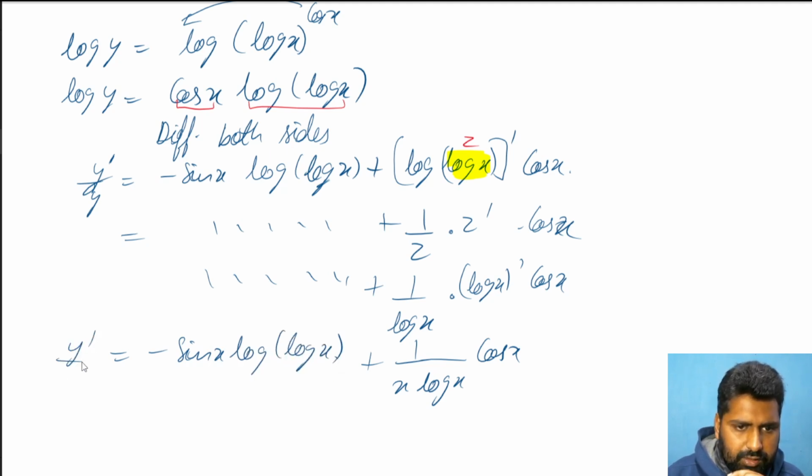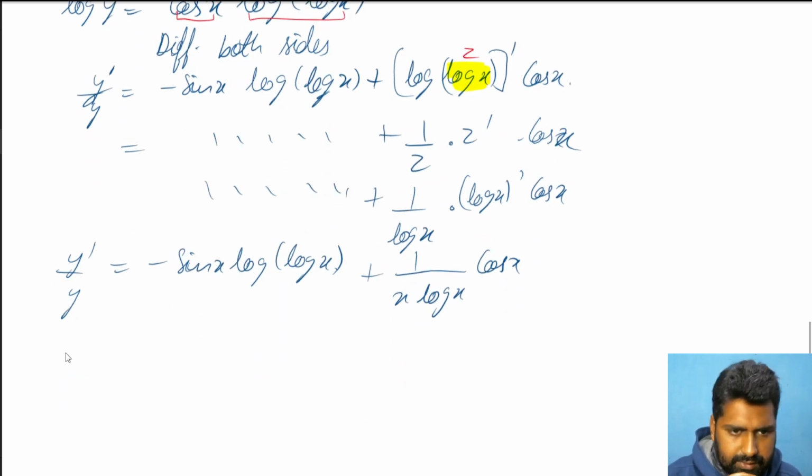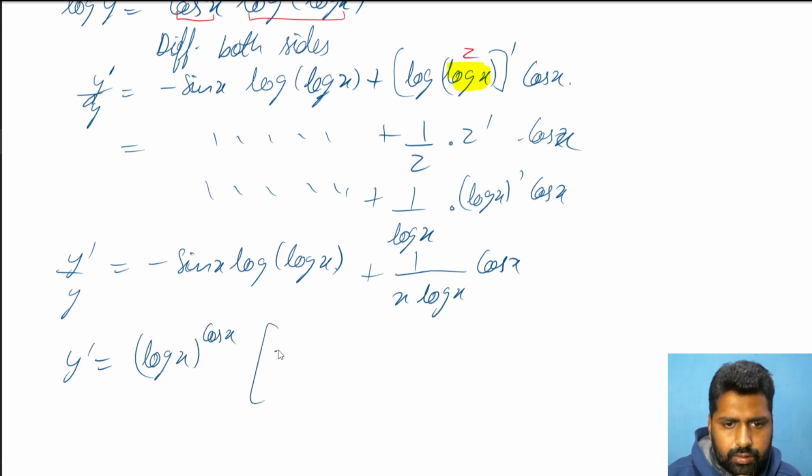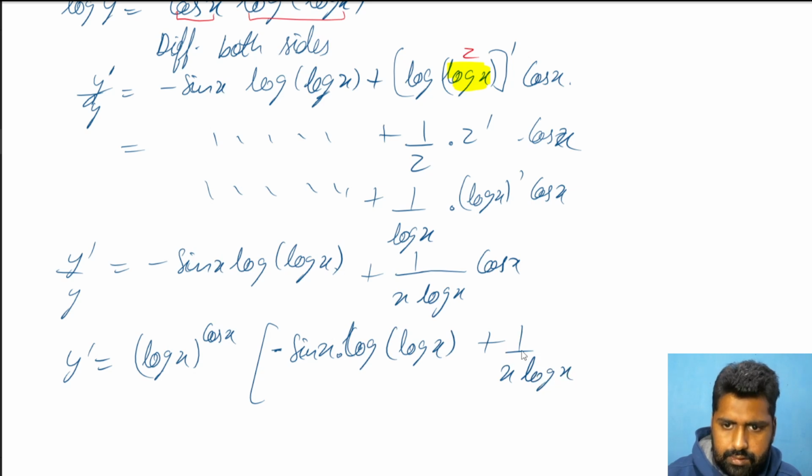This is y dash upon y. Let's take y also on the other side. So y dash is, y was (log x) raised to power cos x, so that will be multiplied with the whole of this answer: (log x) raised to power cos x times [cos x upon (x log x) minus sin x log (log x)].